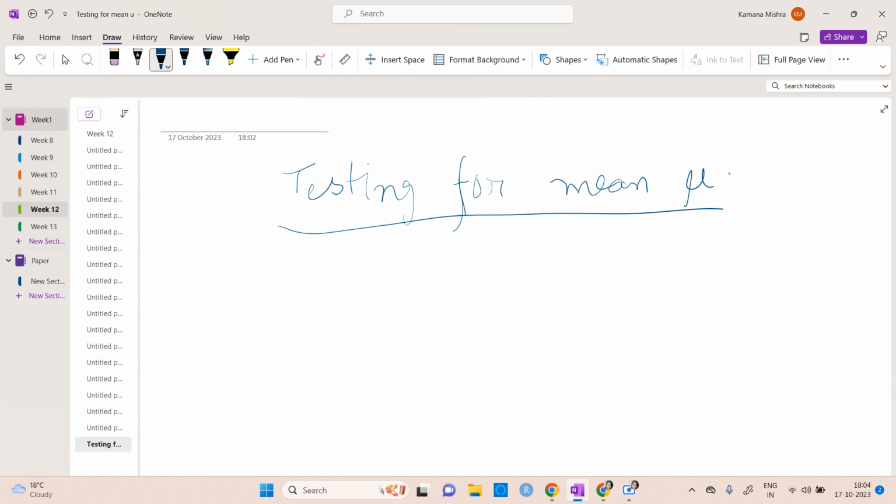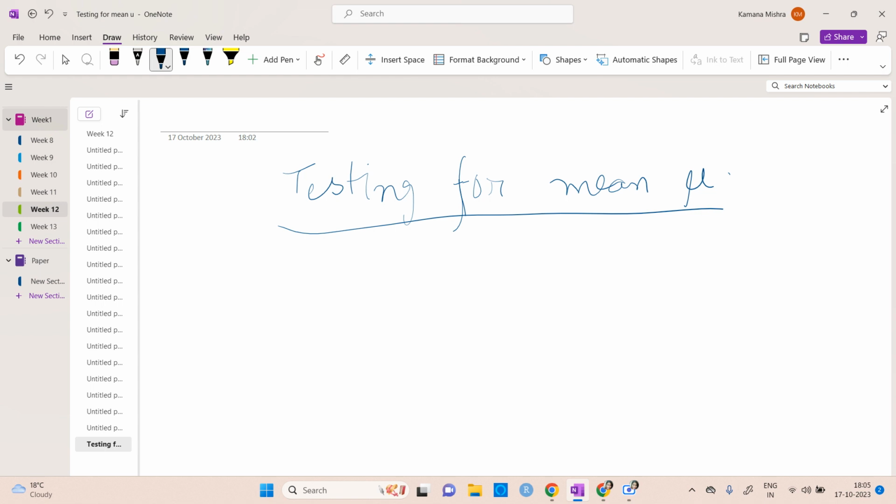Now, first there can be the case that sigma square is known, and another case is that sigma square is not known. If sigma square is known, we can convert it into the standard form. Now, at the time of testing, what is one important thing about the sample?